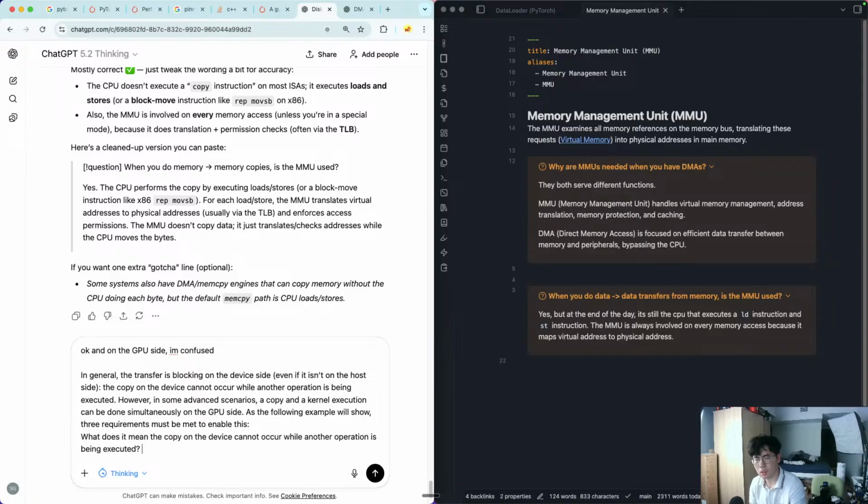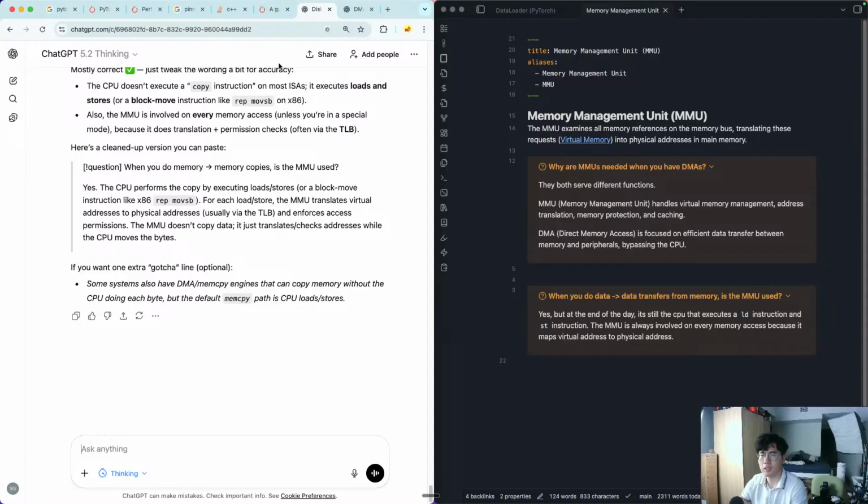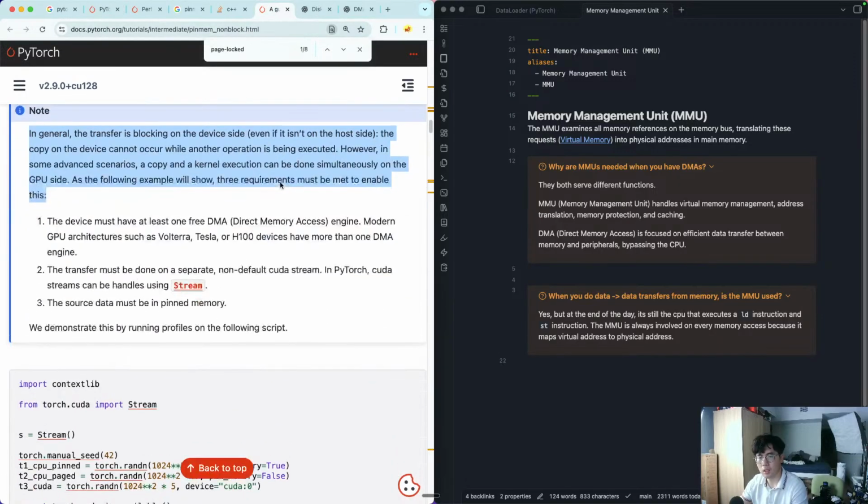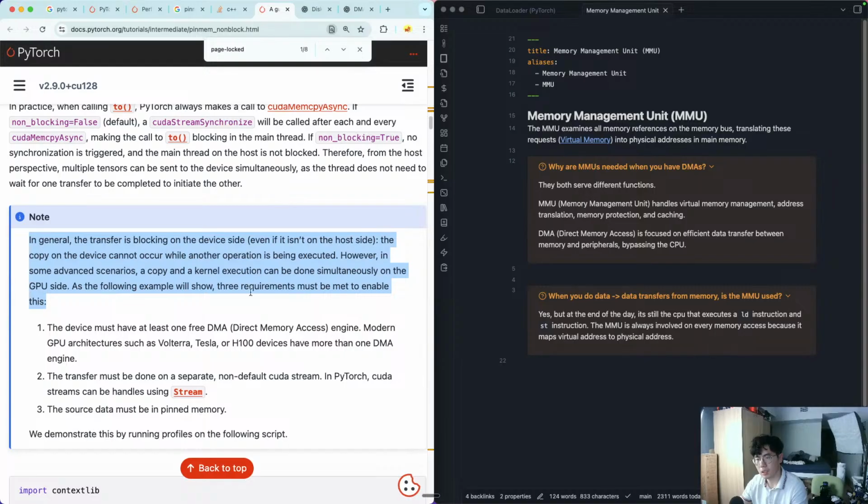I see what you mean. You're saying the bottleneck is the copy because the device needs to have a DMA.